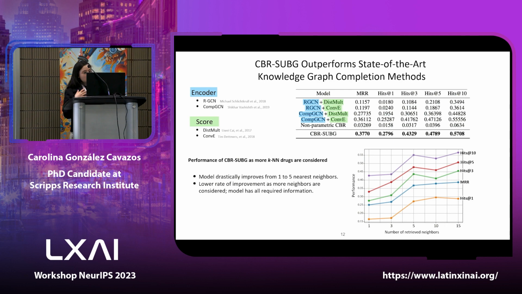So what I'm showing you here is the improvement as more drugs are considered as similar entities. We see that there is a drastic improvement from 1 to 5 drugs considered, and then a slower rate of improvement, which just means that the model already has all the information required.